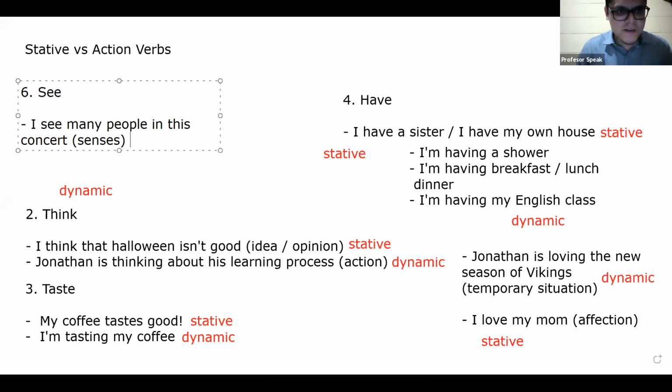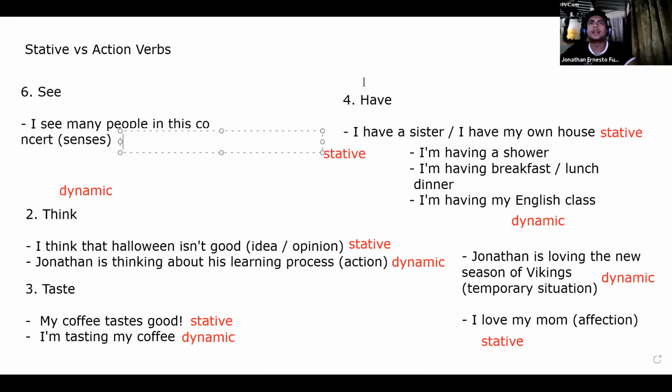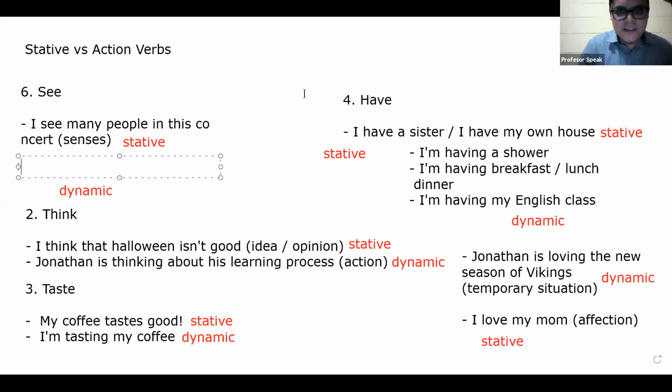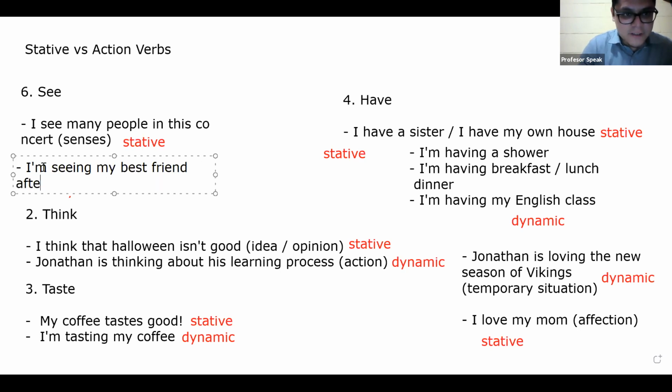In this case, do you use a dynamic or a stative? What is this? Stative. Stative. Okay. All right, but consider this example. I am seeing my best friend after class.